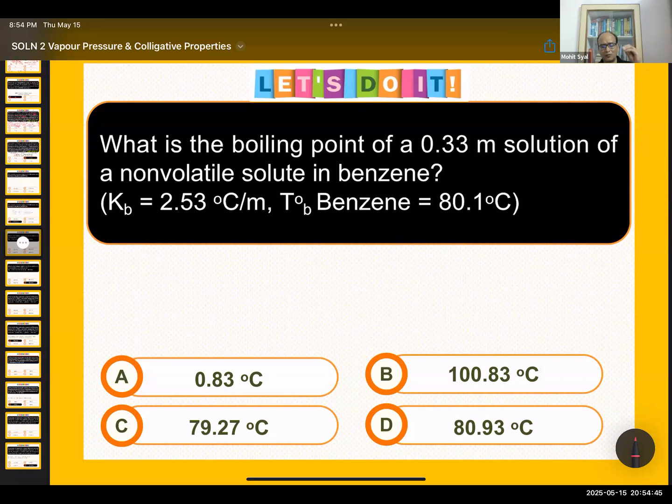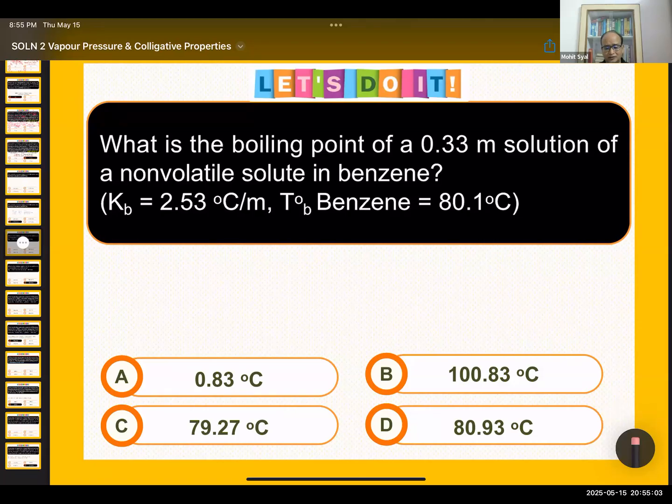So you add some non-volatile solute. The molality is already given as 0.33 mole. If it is not given, you will take i as one.